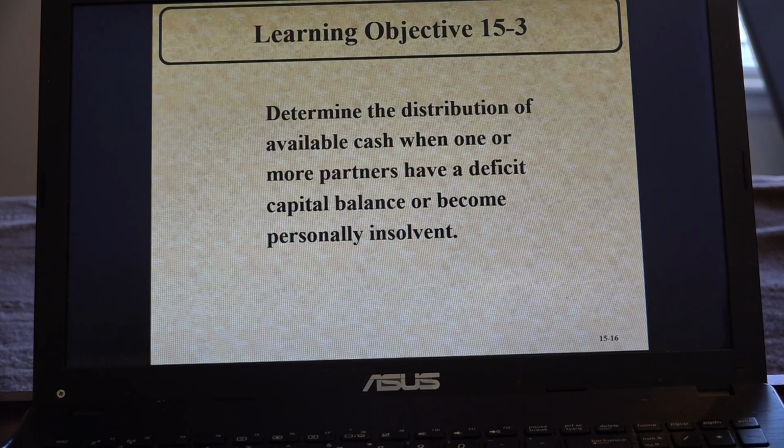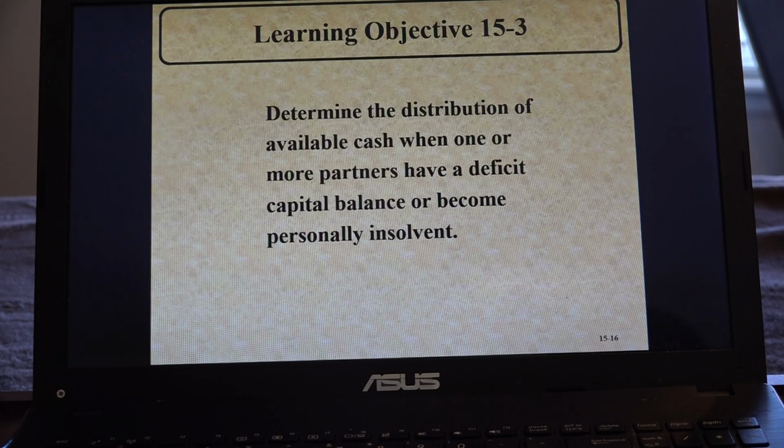Now let's look at what happens when you have a situation where partners have a deficit capital balance, or they become personally insolvent. Because remember, when a partner becomes personally insolvent and they can't pay their creditors, those creditors can go after assets of the partnership.